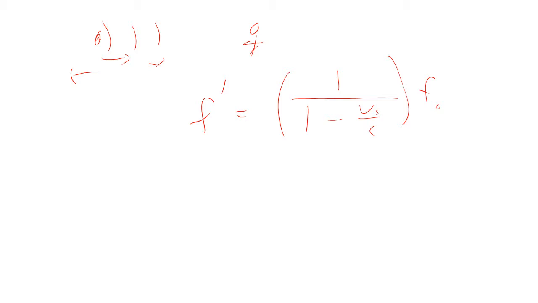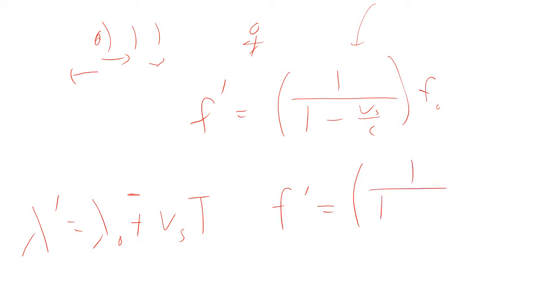Well, now the wavelength is going to be lambda naught plus v_s times the period. Remember, the minus sign in the equation up here came from the original minus right there. So if it's going away from you, then what you get is f naught divided by 1 plus v_s over c.